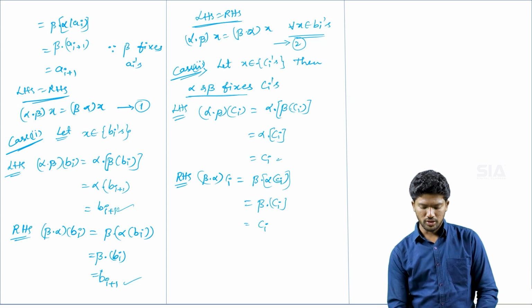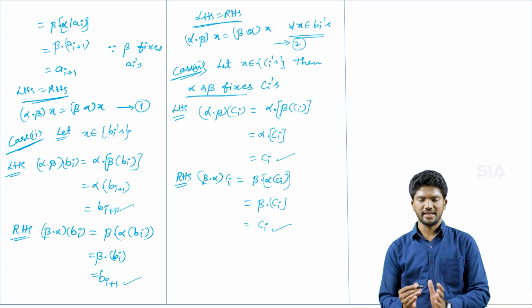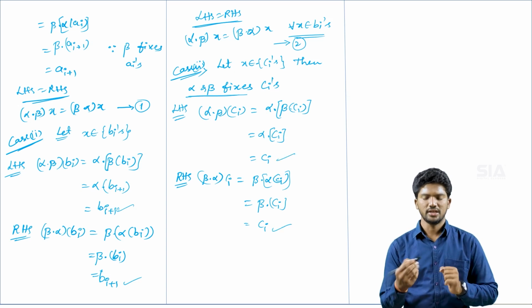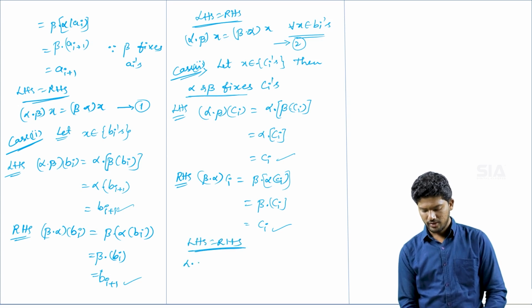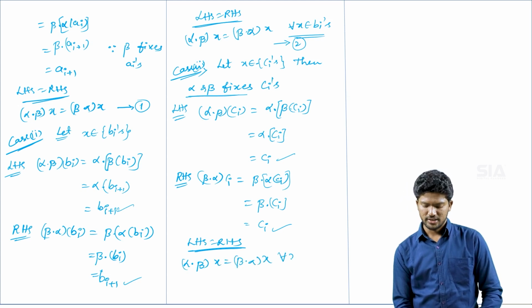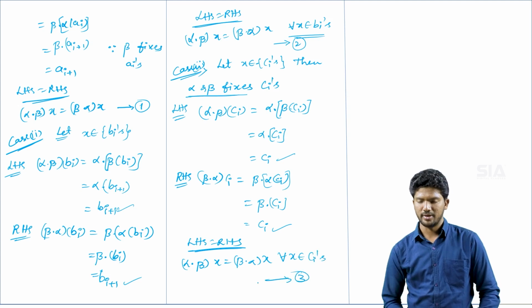So in case 3, in LHS and RHS we got the same result. So LHS is equal to RHS in this case also. So alpha into beta into x is equal to beta into alpha into x for all small x belongs to c suffix i's. This is taken as equation number 3.